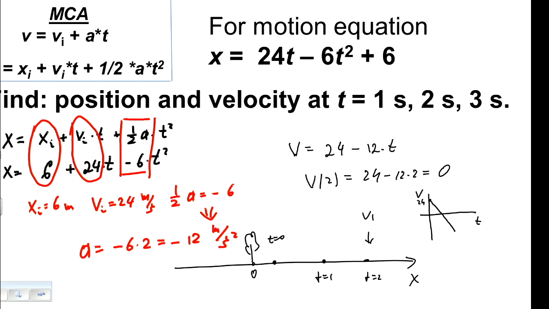So velocity here is 0. What does it mean? It doesn't mean it doesn't move anymore. It means that after this instant, it starts moving back. So for the first 2 seconds, the object was traveling to the right, so the velocity was directed to the right. Here it becomes 0 at this instant. But then the velocity points to the left. That's what is happening.